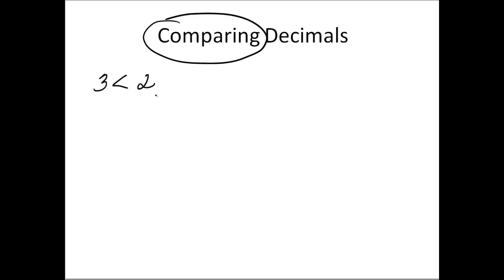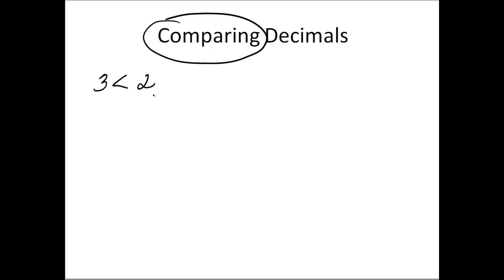For this lesson, we're going to look at decimal numbers that we're given, and we're going to compare them to put them in some kind of order, either from least to greatest or greatest to least. So let's arrange some decimal numbers in order from least to greatest. To do that, when we compare, we have to consider the place value that the decimal has.